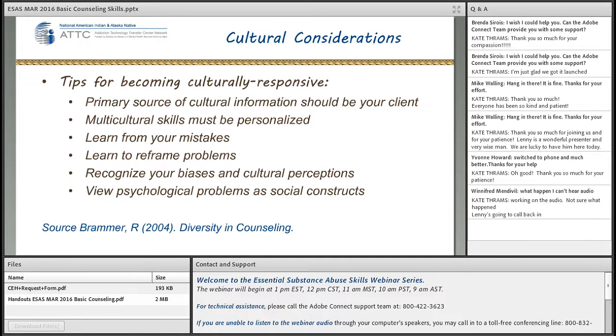Tips for becoming culturally responsive. The primary source of cultural information should be your client. Multicultural skills must be personalized. Learn from your mistakes. Learn to reframe problems. Recognize biases, cultural psychological problems as constructs.